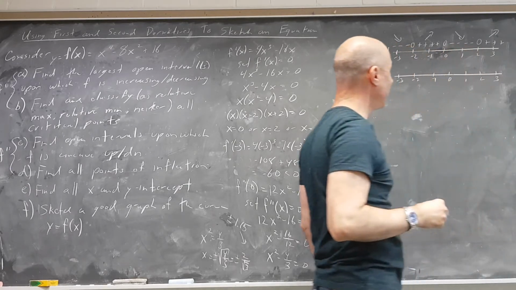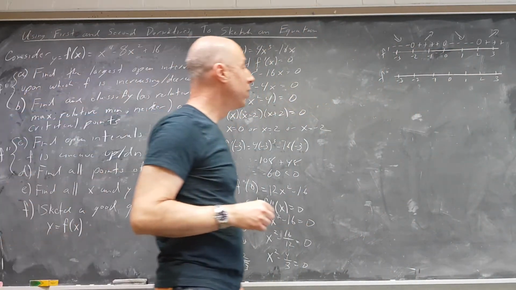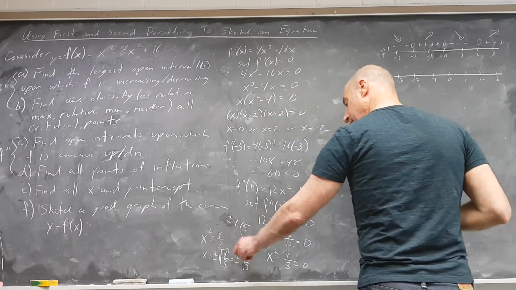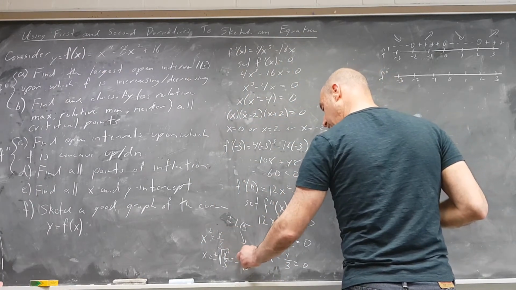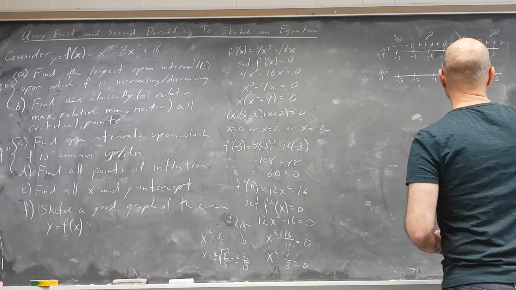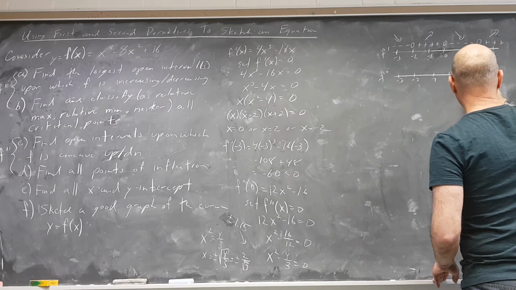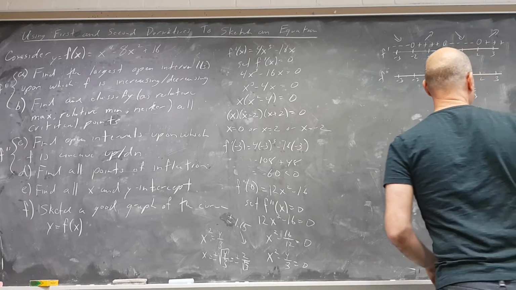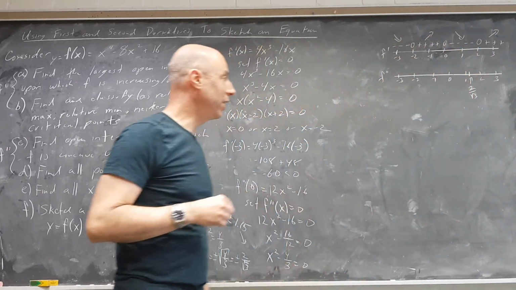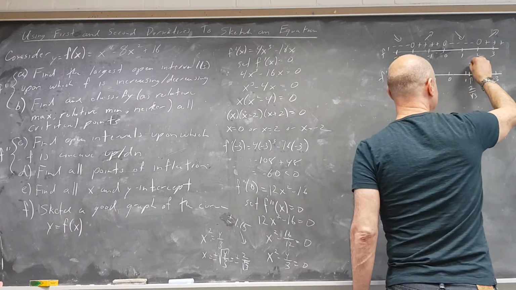I was forced to make this small just because I have a small blackboard. So root 4/3, or 2 over root 3, or about 1.15, that's somewhere a little bit to the right of 1. So right there is 2 over root 3, or 1.15, or whatever you want to call it. And that is one place where the second derivative equals 0.